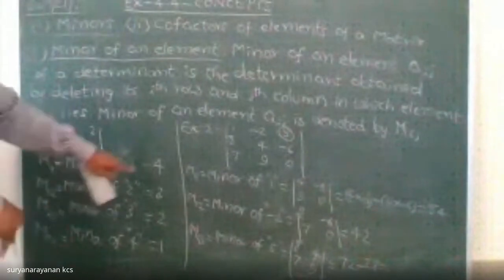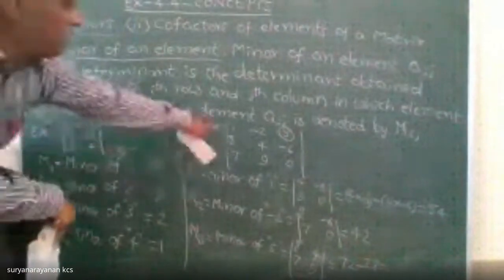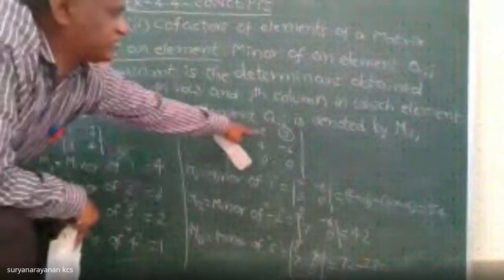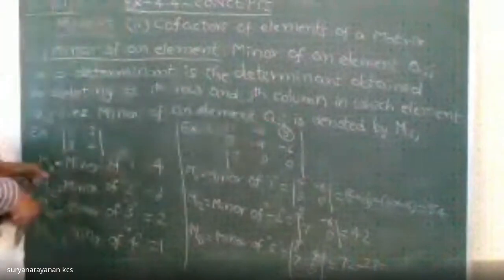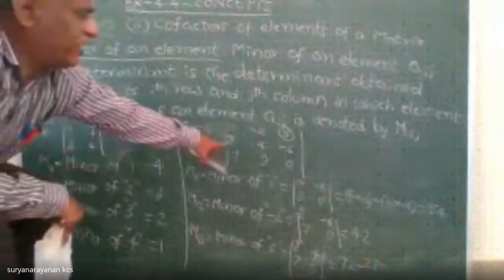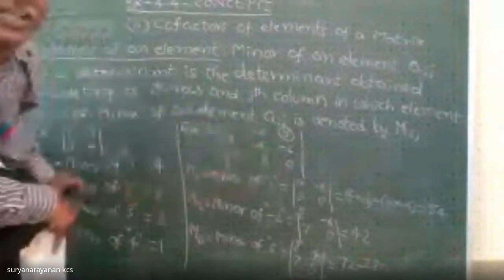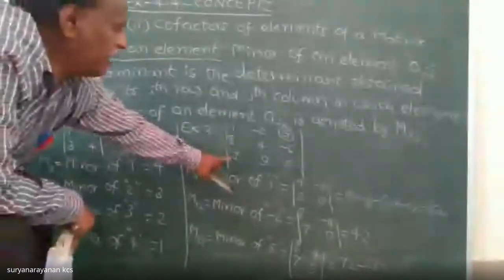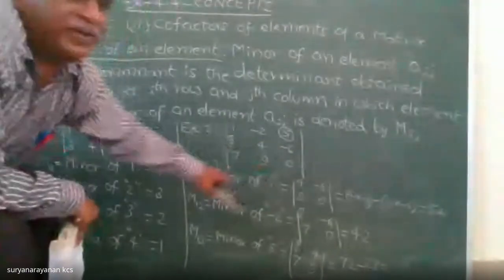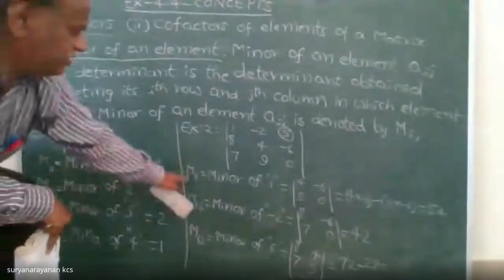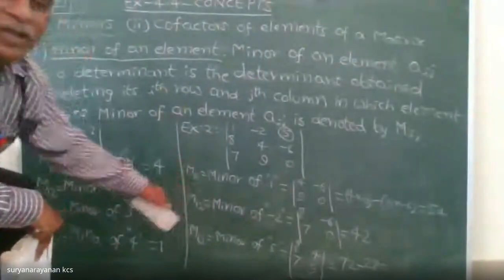I found here the minors of the elements in the first row. Similarly, we can find the minors of the elements in the second row, and similarly the minors of the elements in the third row. Understood these three? Yes, sir.